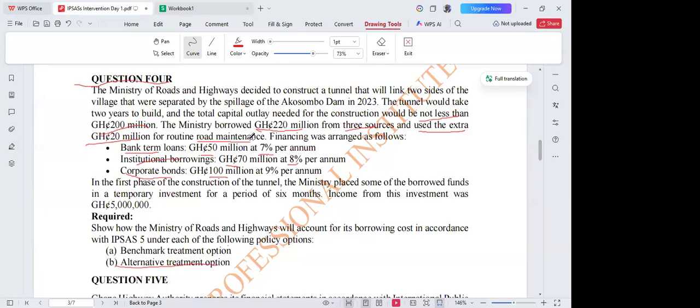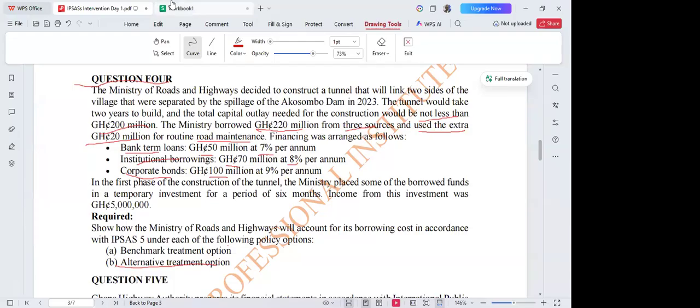Road maintenance is not a qualifying asset; maintenance is a normal expense. So although it relates to qualifying assets, not all of it relates to it. You need to do apportionment in this case to get the part that relates to it.